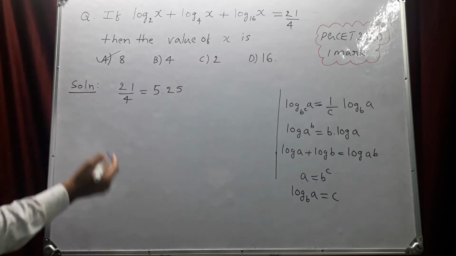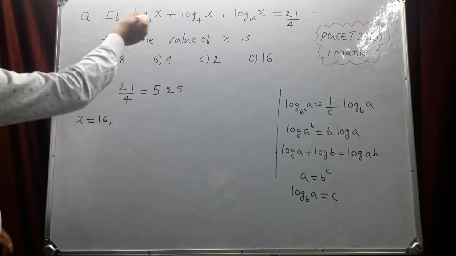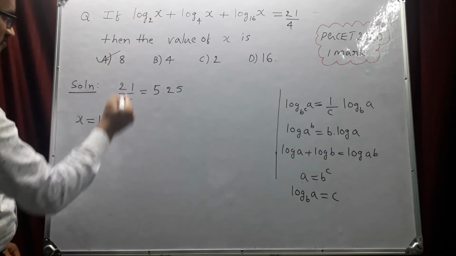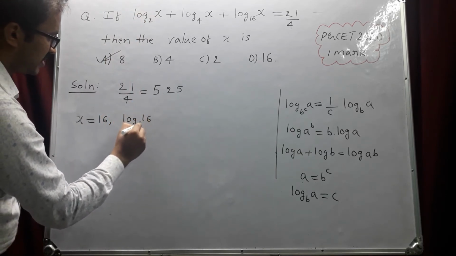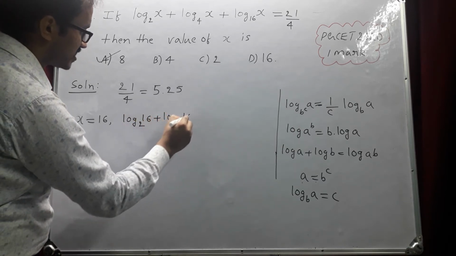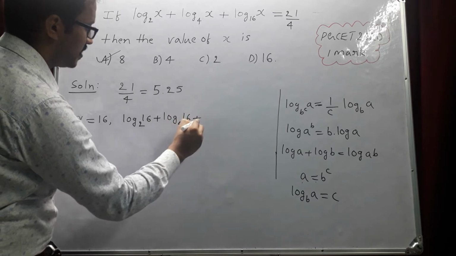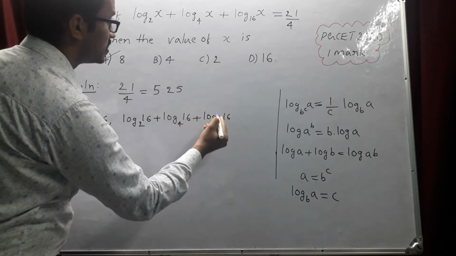Suppose I take x value as 16. What are we going to get here? In the same equation, LHS becomes log 16 to the base 2 plus log 16 to the base 4 plus log 16 to the base 16.